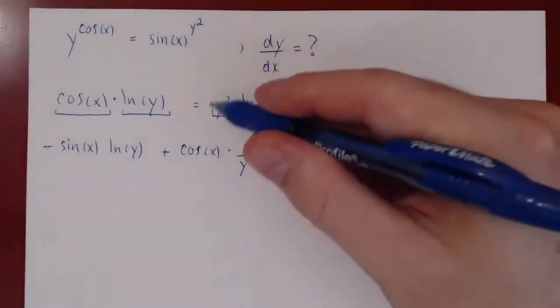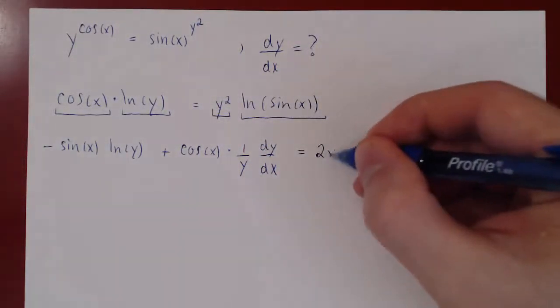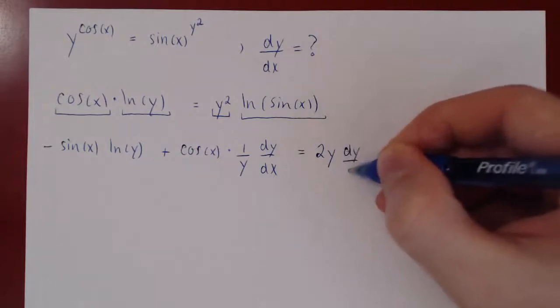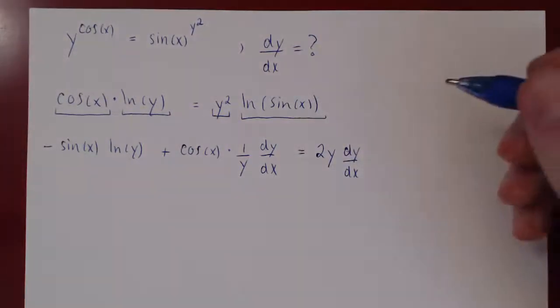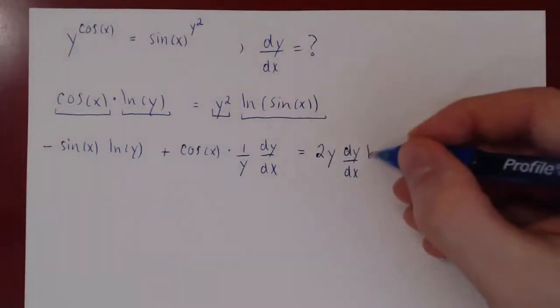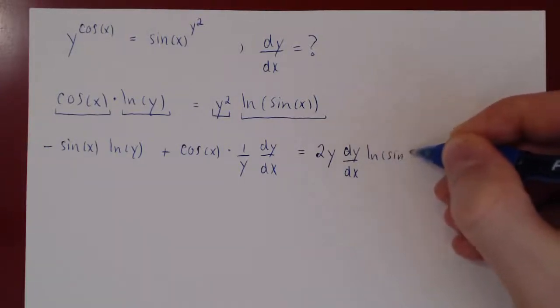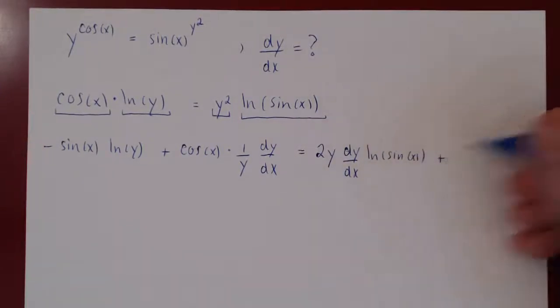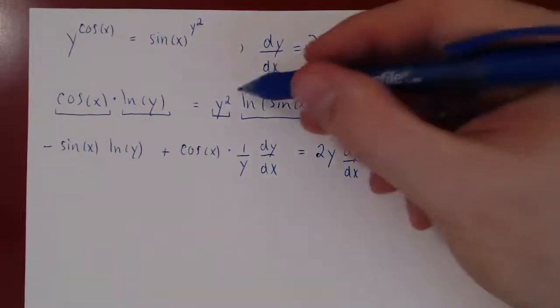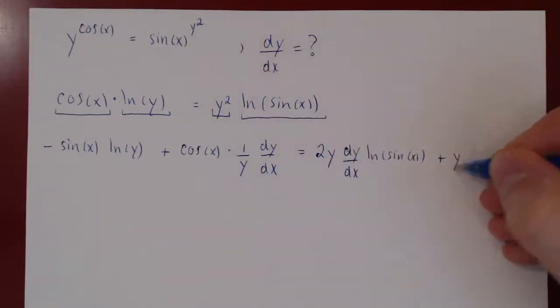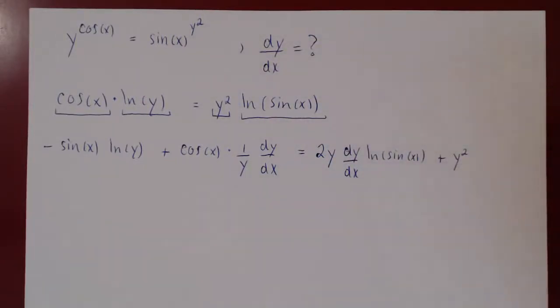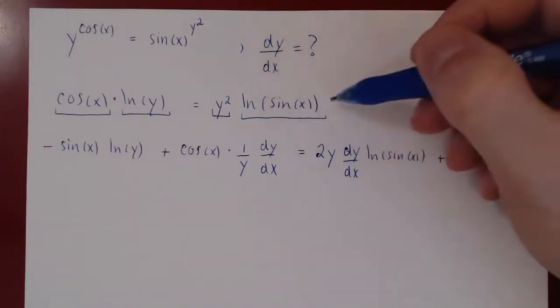The derivative of y squared with respect to x is 2y, chain rule, dy over dx, times the second function, ln of sine of x, plus product rule, the first function, y squared, times the derivative of the second function, ln of sine of x.